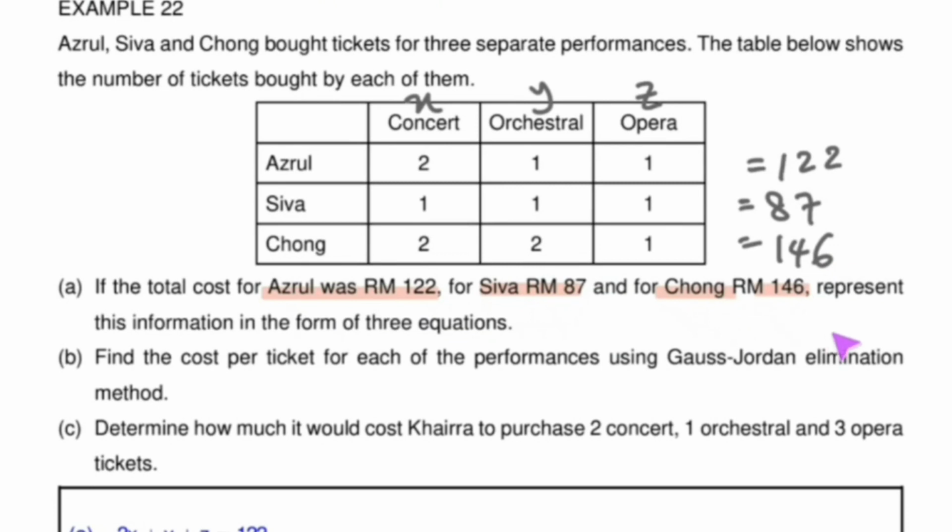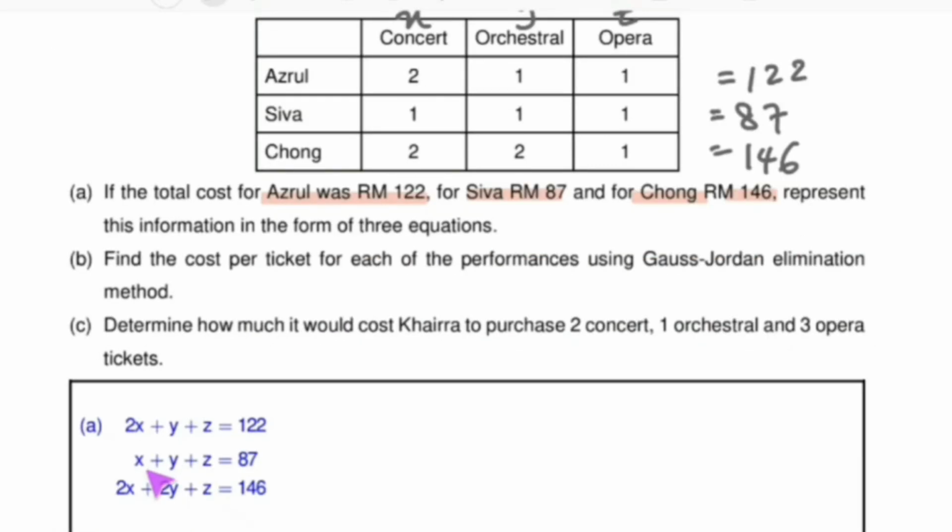Okay, soalan minta kita represent this information in the form of 3 equations. So inilah kita tulis 2X kan, 2X tambah 1Y tambah Z sama dengan 122. Okay, and then seterusnya lah untuk Siva dengan Chong.